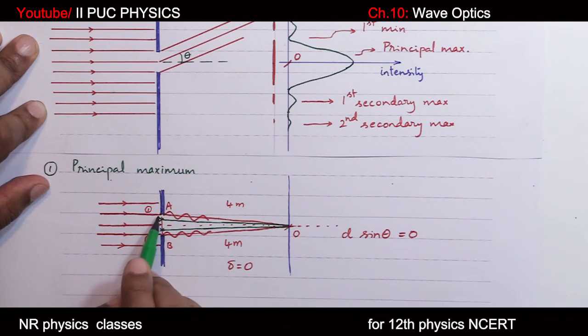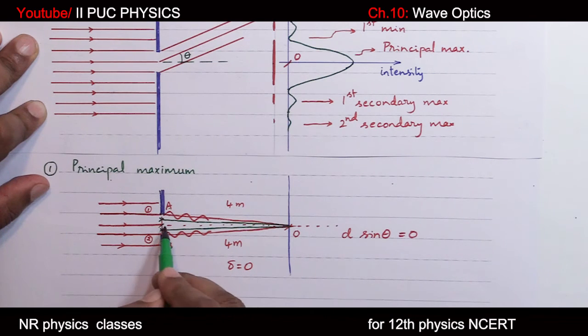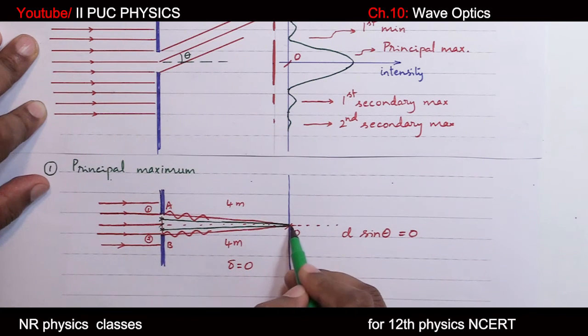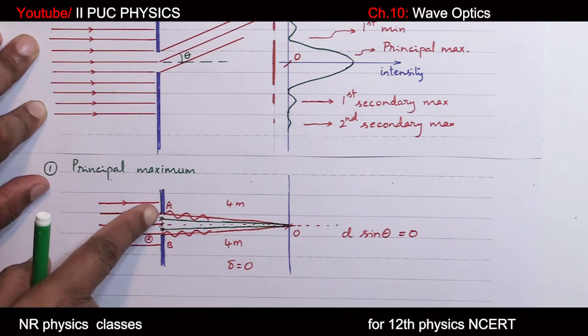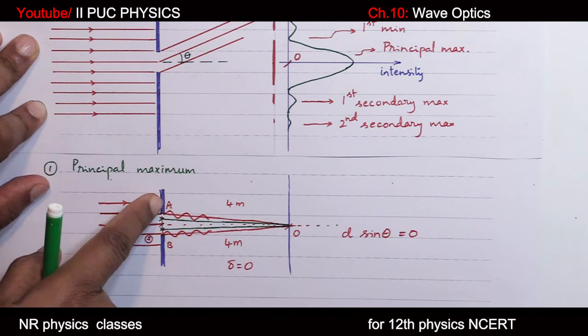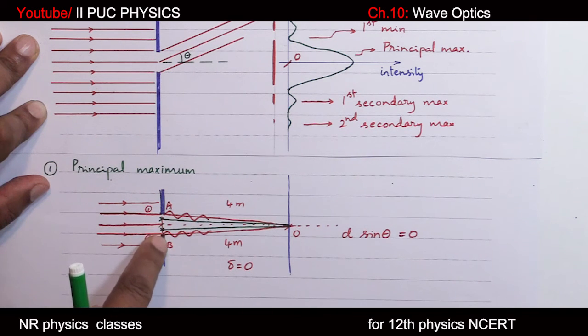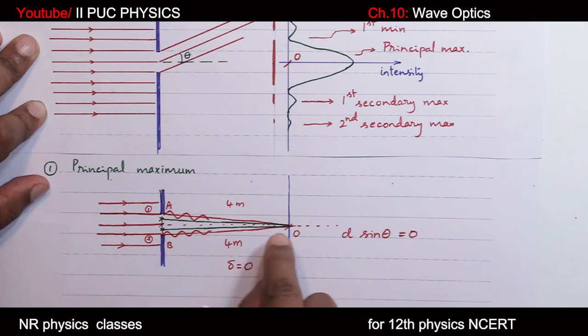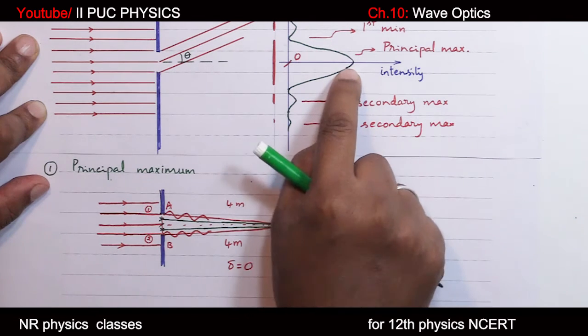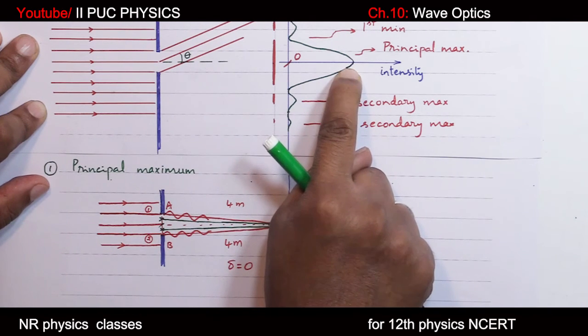If you consider any point between A and this center, then you will get another point between center and B, where waves from those 2 points will interfere constructively at O. Means you consider any wave in the upper half, you will get another wave in the lower half where those 2 waves interfere constructively. That is why the intensity is maximum. Intensity is maximum at the center.